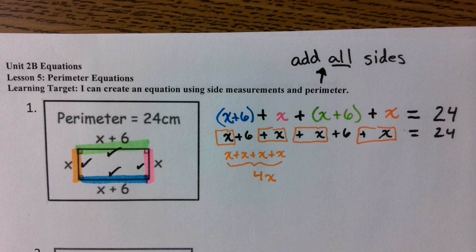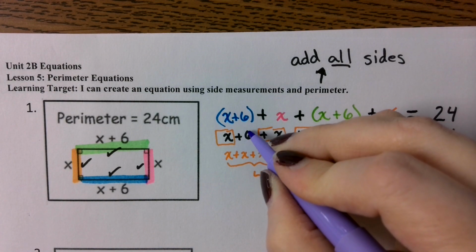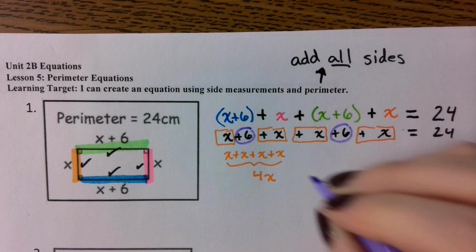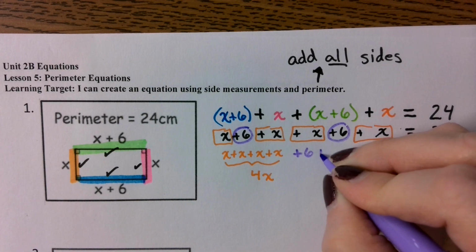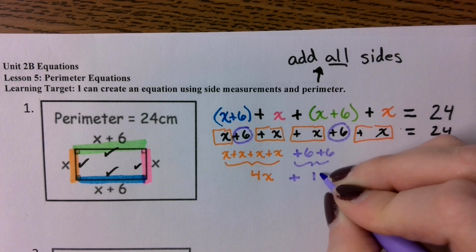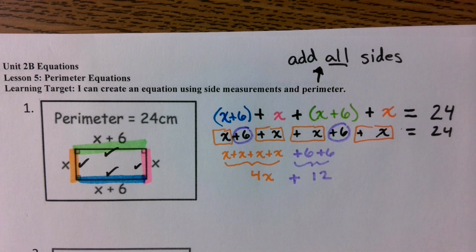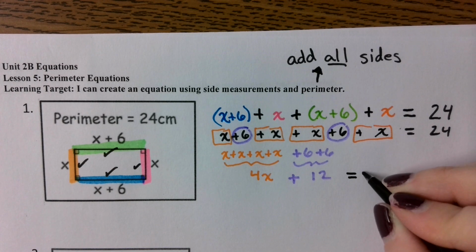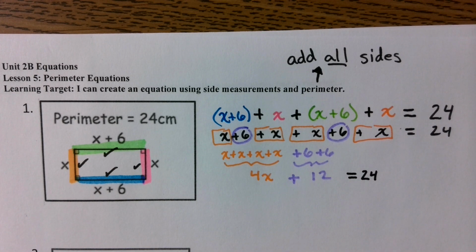And as he said, we also have those positive 6's that we can combine together. This is going to equal positive 12, so I have to put that plus sign. And that whole thing is now set equal to 24.